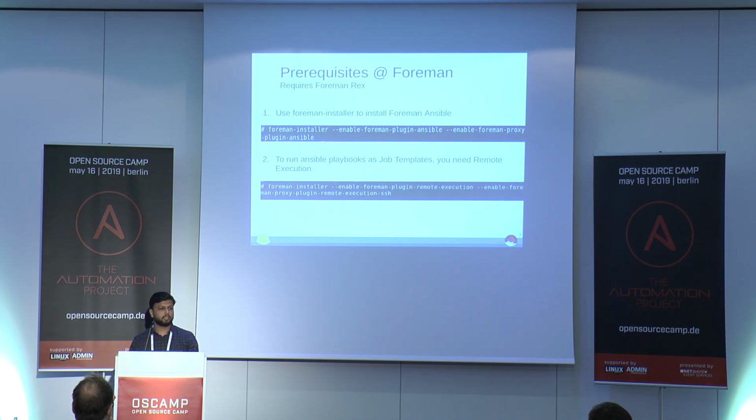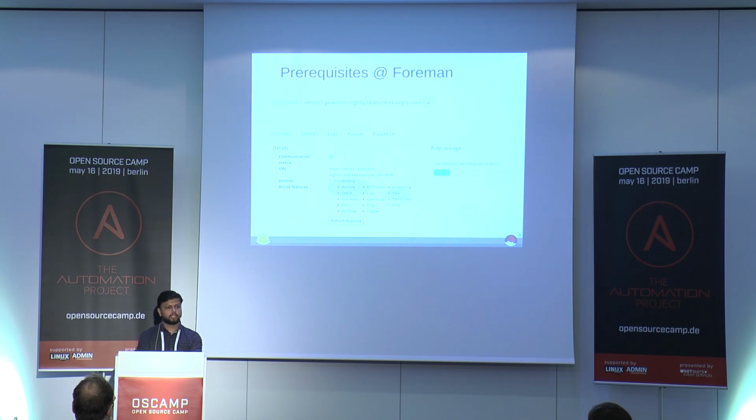Next, you need to enable the remote execution plugin so that you can SSH to the host. Once you do this configuration, Foreman will list the Ansible and SSH features in the Smart Proxy section, where you can see whether these features are enabled or not.